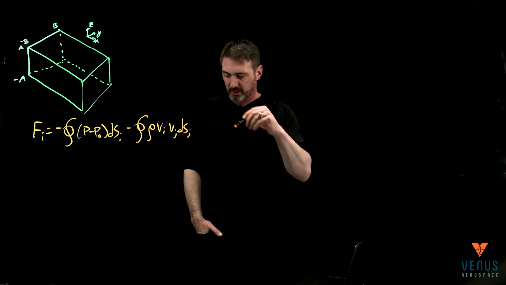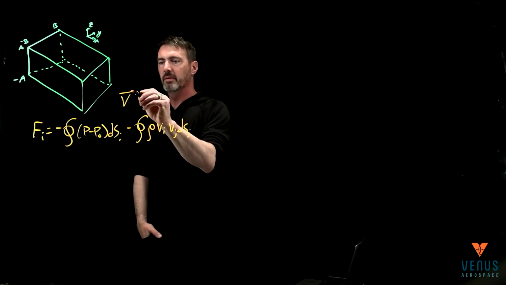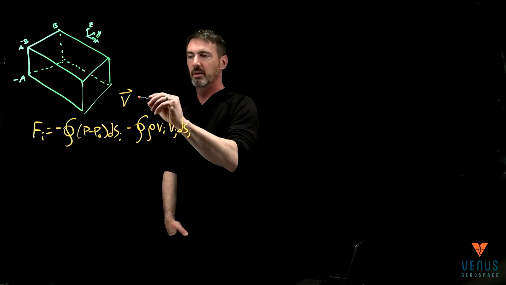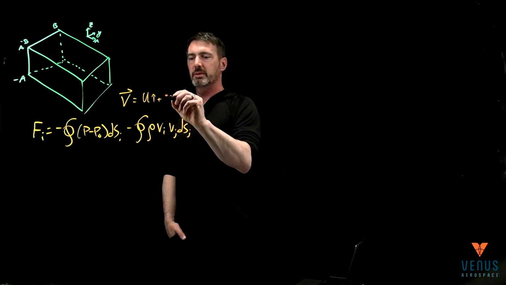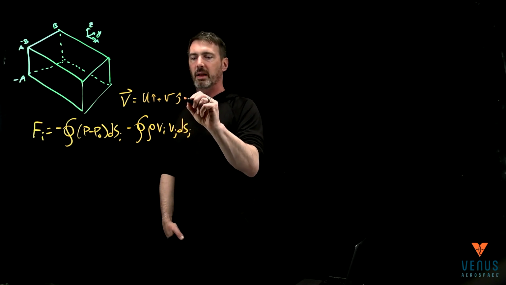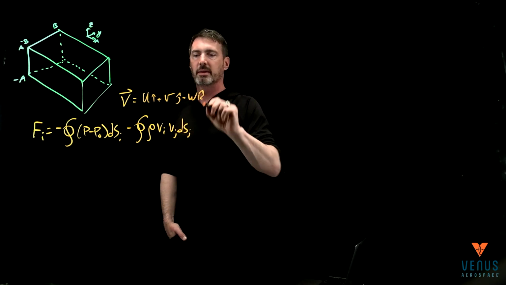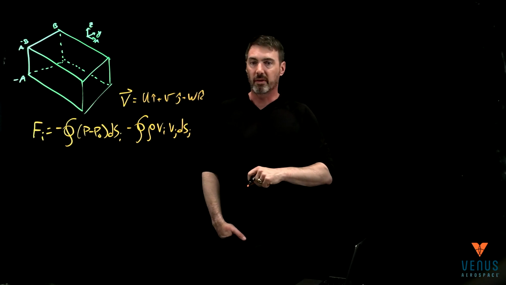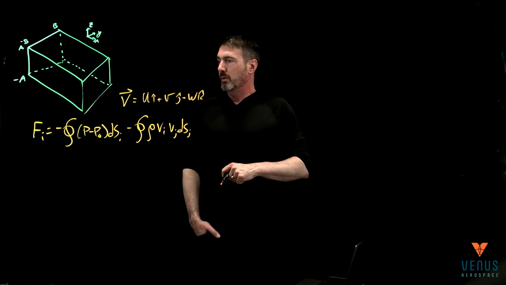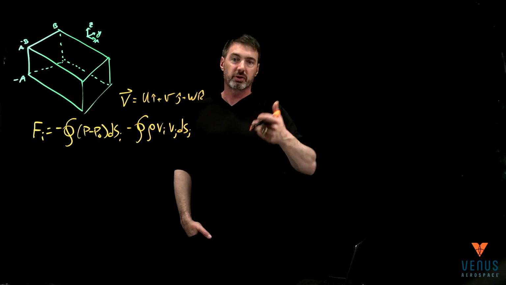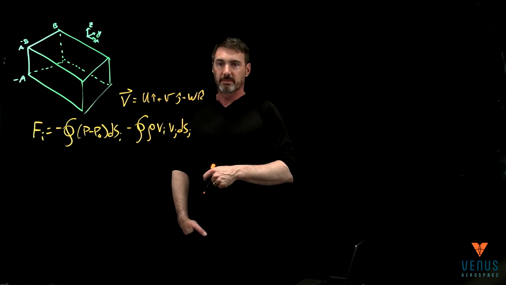And just a reminder, I'm going to treat this generic velocity vector, right? We would call it u i hat plus v j hat plus w k hat. So XYZ components of this velocity vector. Okay, and so the lift would be the portion in the z direction.